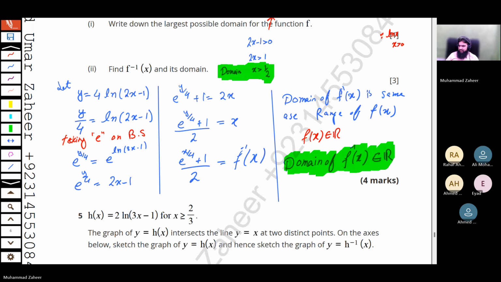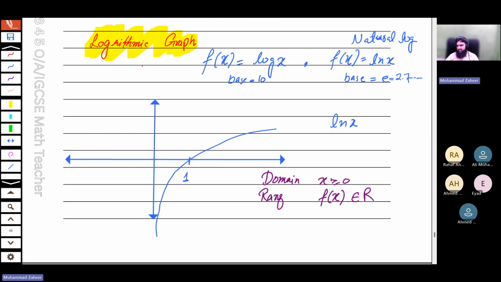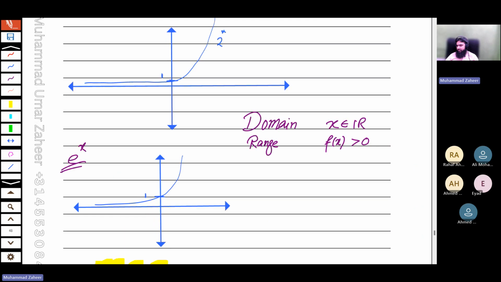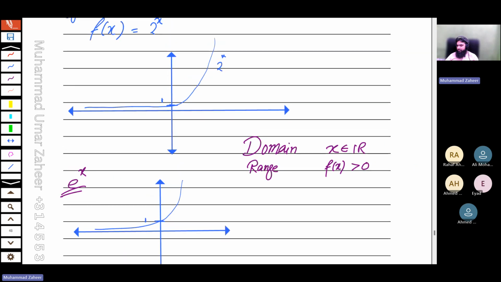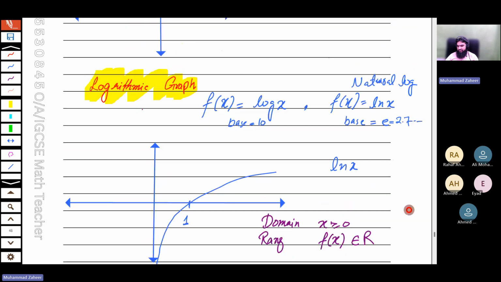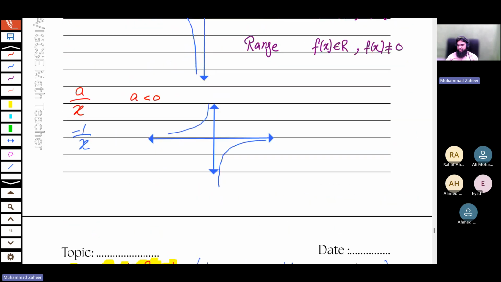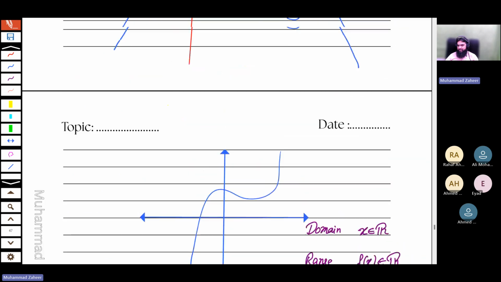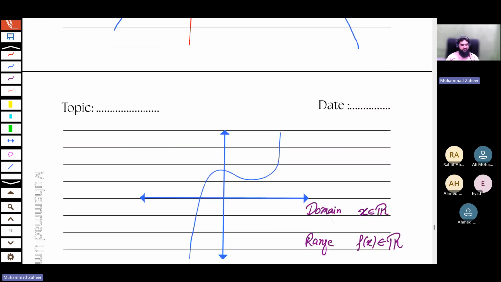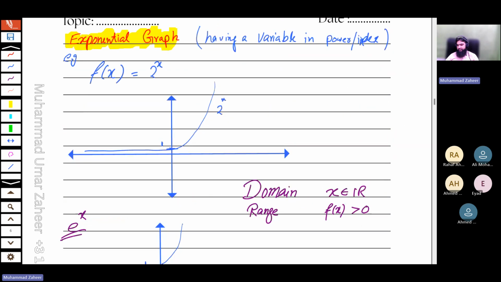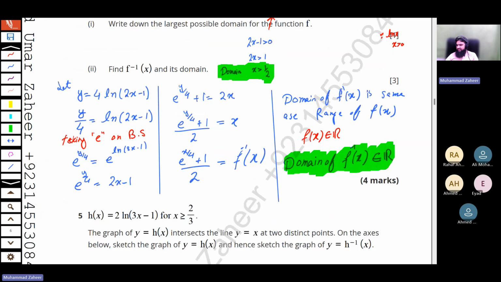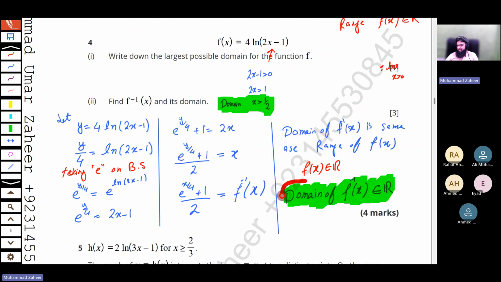Here I'm just going to inform you about the domain and the range of all types of different functions: logarithmic functions, exponential functions, reciprocal functions, cubic functions, quadratic functions, linear functions. If you know the basic ones, you can easily find the domain and range of the functions. Otherwise, you are going to be stuck.